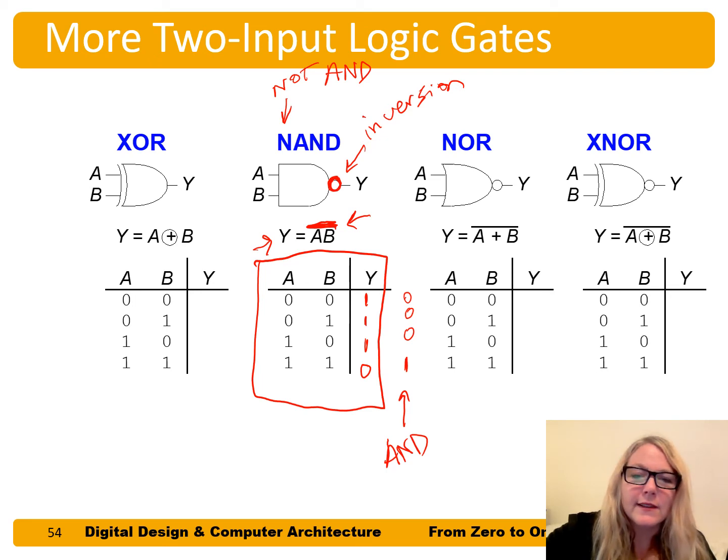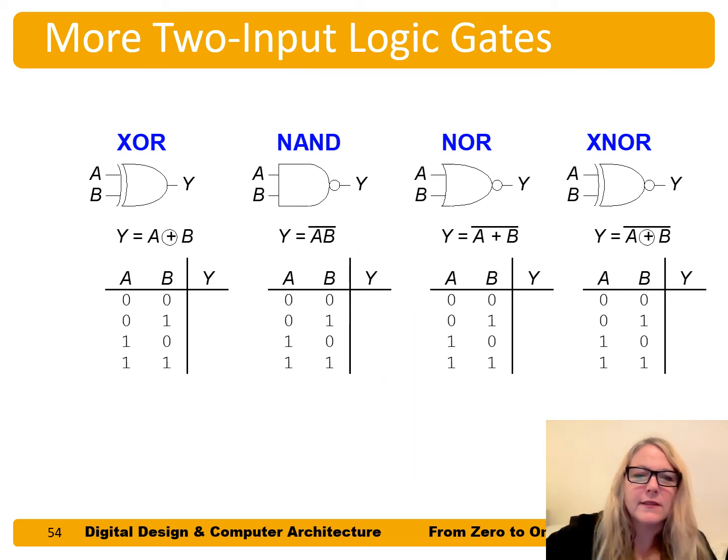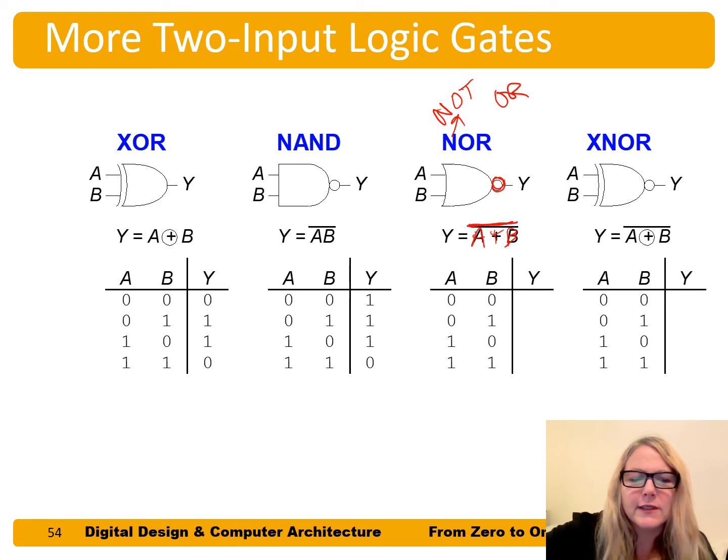NOR gate stands for not or. So N means not or. And so here we see the bubble and we have our OR function, but now we have this bar over it. So NOR is a not OR gate. With an OR gate, we would have had 0, 1, 1, 1, right?